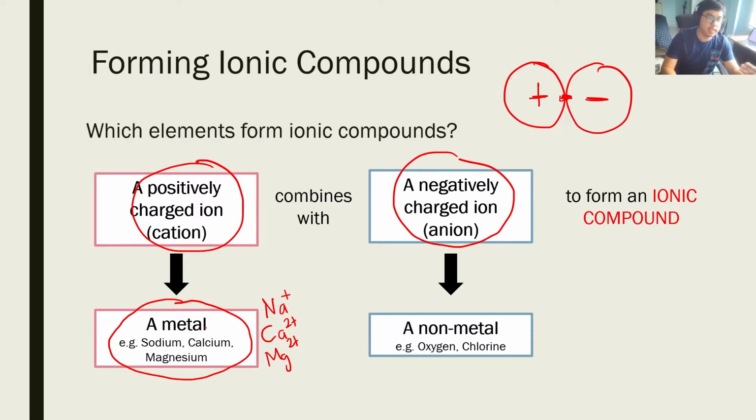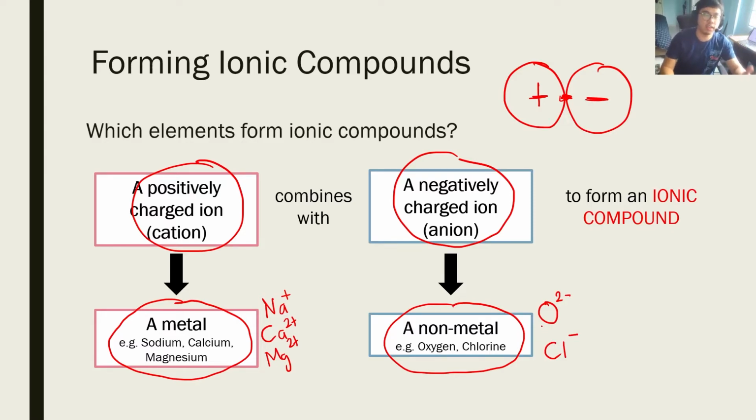So metal ni selalunya akan jadi positively charged ion. And non-metal, anything that's non-metal like oxygen, will become a negatively charged ion. So for example, oxygen becomes 2 minus, chlorine becomes minus.